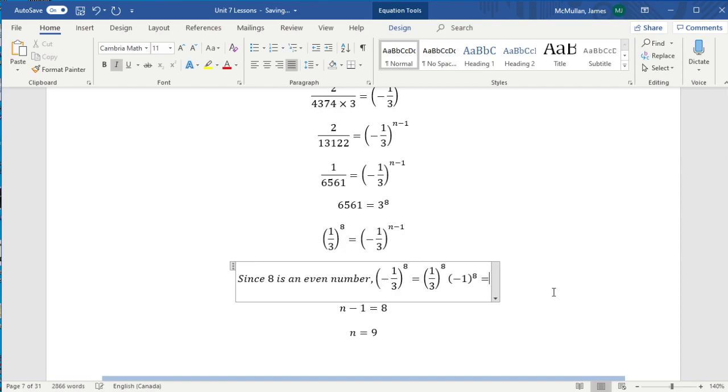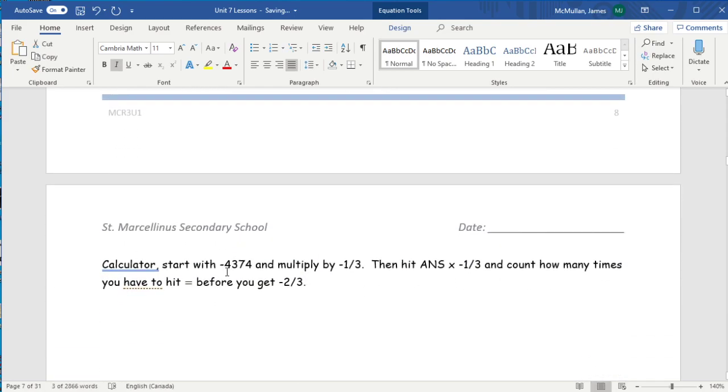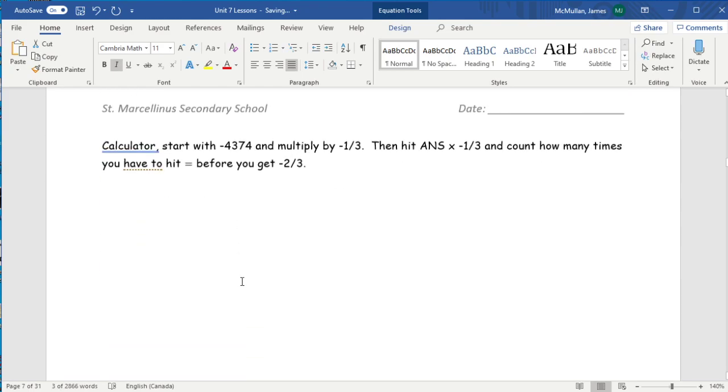What you see when you do that is that negative 1 to the power of 8 is just 1, and therefore can be dropped. So the negative can be moved outside, I guess you could say, so that this works. If you're not convinced, use your calculator. Just hit equals over and over until you get to the answer.